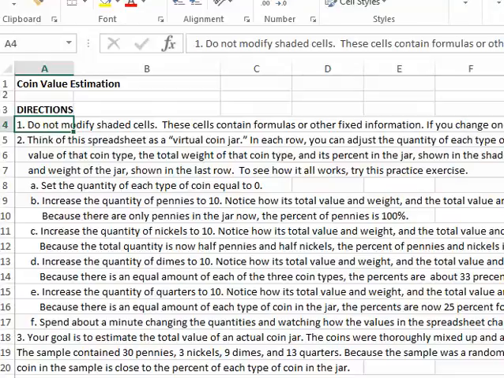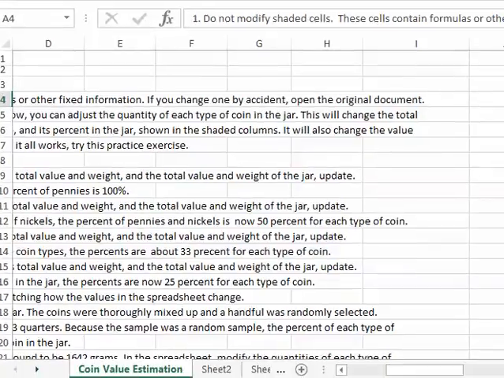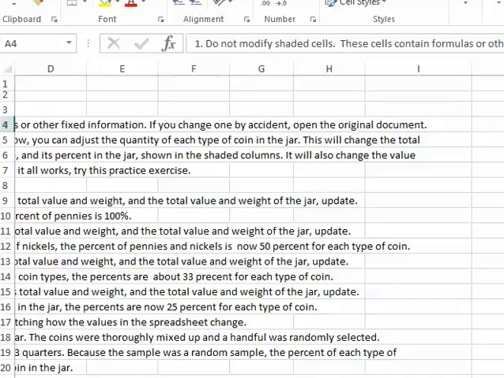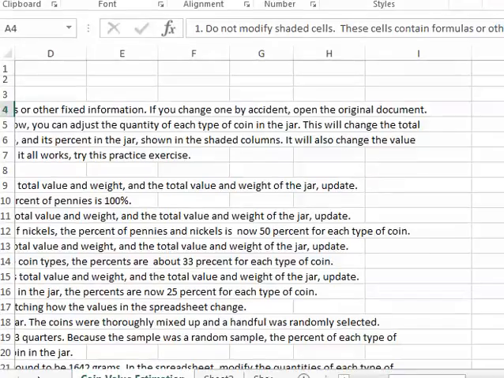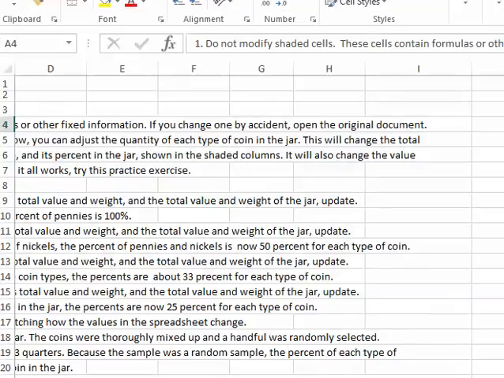If you change one by accident, open the original document back up so that you can get to that original information again. You don't want to be changing the information. That's what it's trying to tell you. Leave it alone.